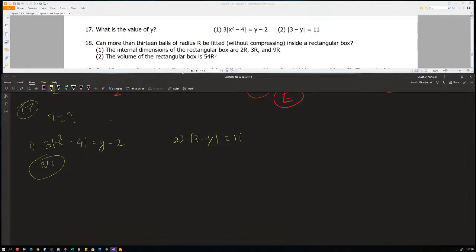Let's see that when y is greater than 0, then 3 minus y is equal to 11, and y is equal to 3 minus 11, that becomes minus 8.